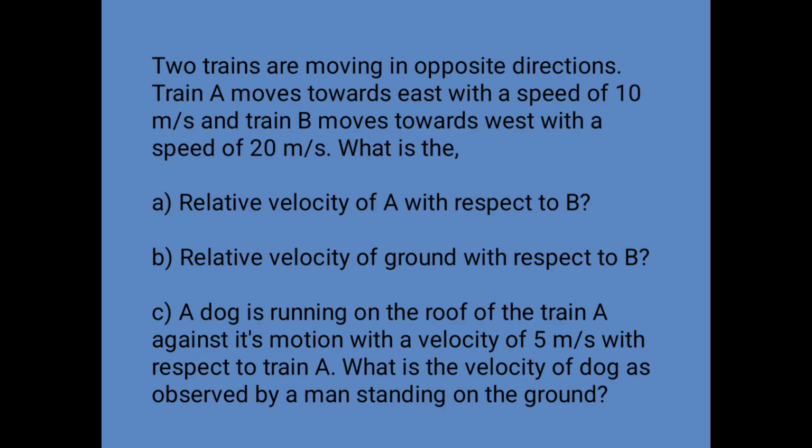B: Relative velocity of ground with respect to B. And C: a dog is running on the roof of the train A against its motion with the velocity of 5 meter per second with respect to train A. What is the velocity of the dog as observed by a man standing on the ground? Okay, this is the question.